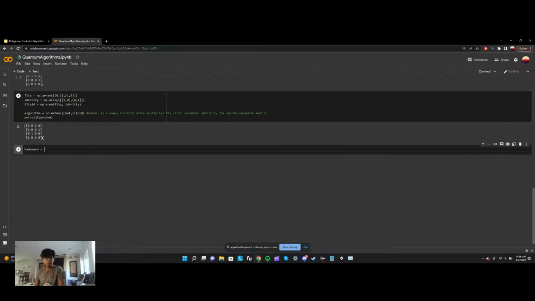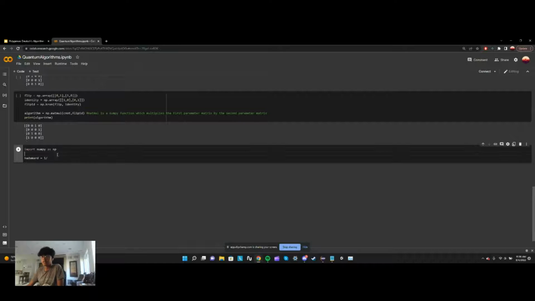So before I do that, let me just import numpy as np. So we're going to have Hadamard equal to 1 divided by np.sqrt(2) times np.array, and then our own two-dimensional array here.